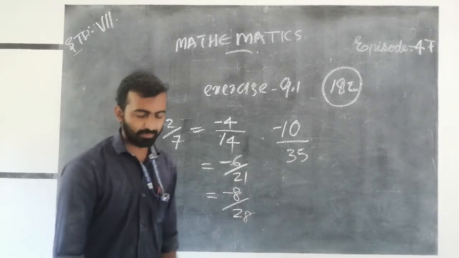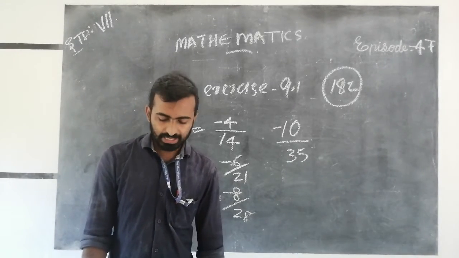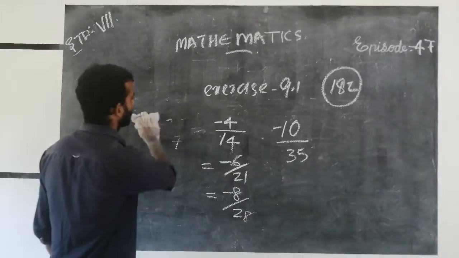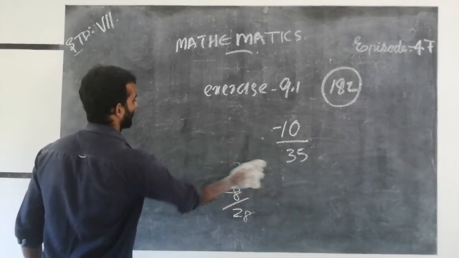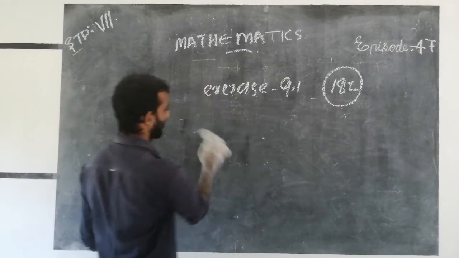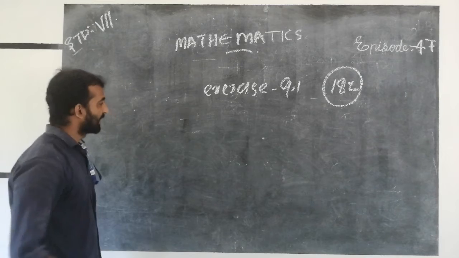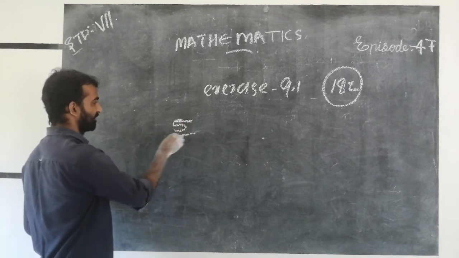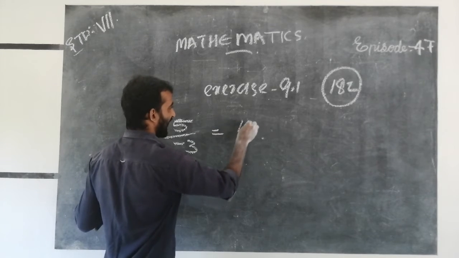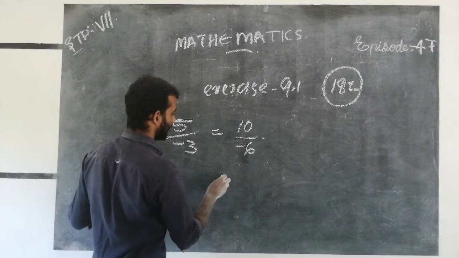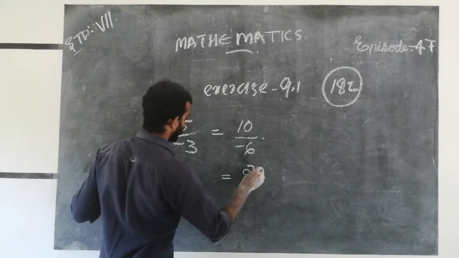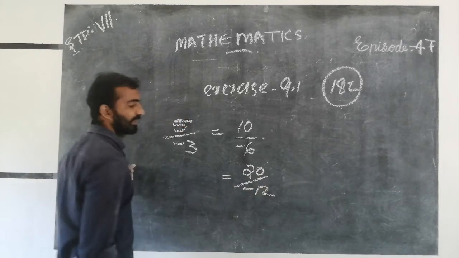These are the equal rational numbers. And next one is 5 by negative 3. We get 10 by negative 6 and 20 by negative 12.